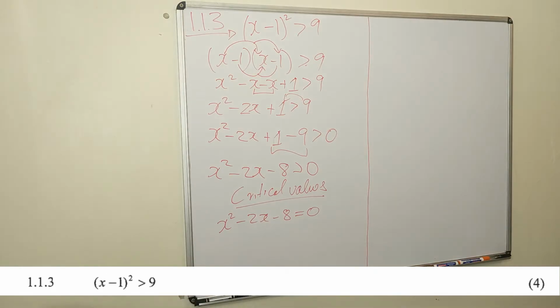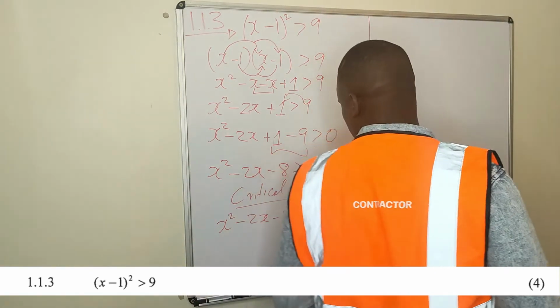Once you are here, this equation looks exactly like the first two equations that we solved, 1.1.1 and 1.1.2. I can use the quadratic equation or factorize this. But we like factorizing. How do we factorize?